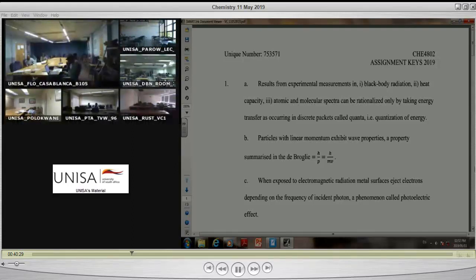So the color tells you the size of the particles that are being impacted upon by light rays.